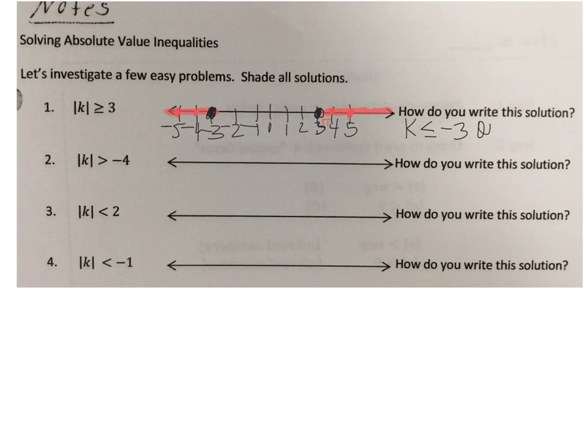Or. K is what? What is the right side? Greater than or equal to +3. So in order for it to be true, it has to be greater than the positive or less than the negative, right? Okay. So now let's look at number 2.